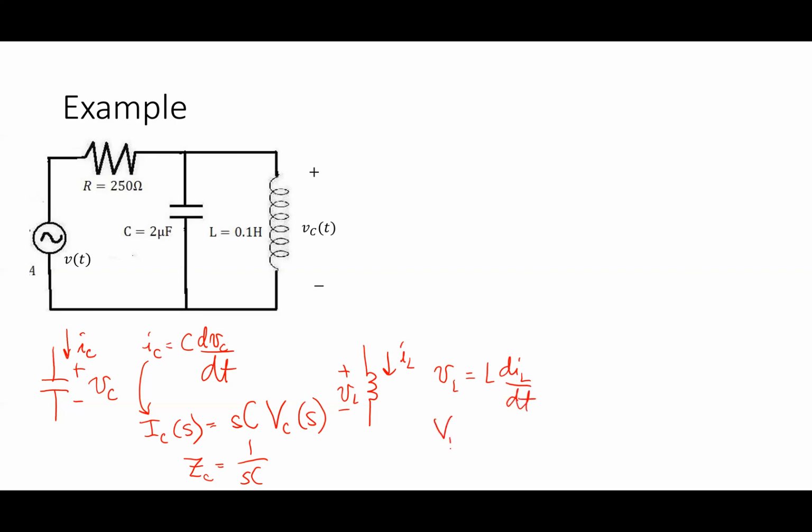So V sub L of s, when I transform that, is equal to sL times I sub L of s. So what's our impedance in that case? s times L. The resistor is uninteresting, it's R. There's nothing really to derive about that.